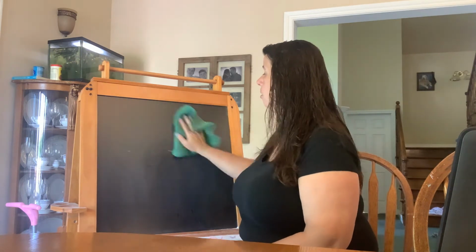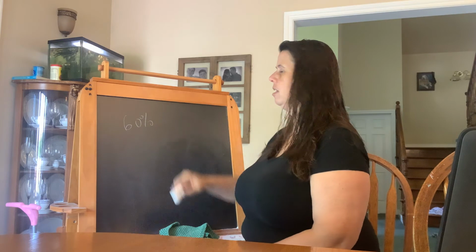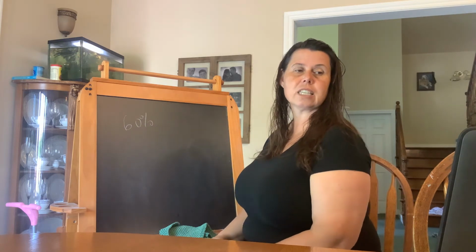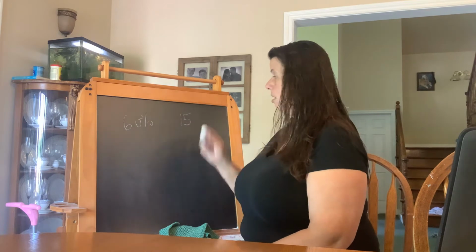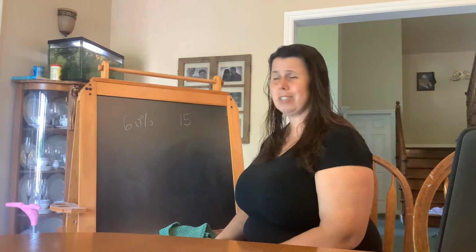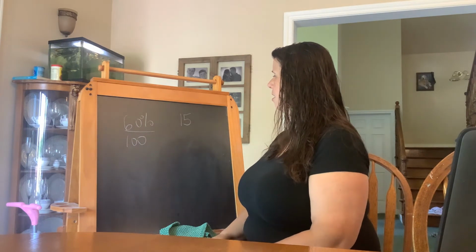All right, now they think they're so tricky. They throw in a percent. Percent. We can do that easy. 60% are red, which is 15. Well, can I make a fraction out of 60%? All day long, of course I can. 60% is 60 out of 100.